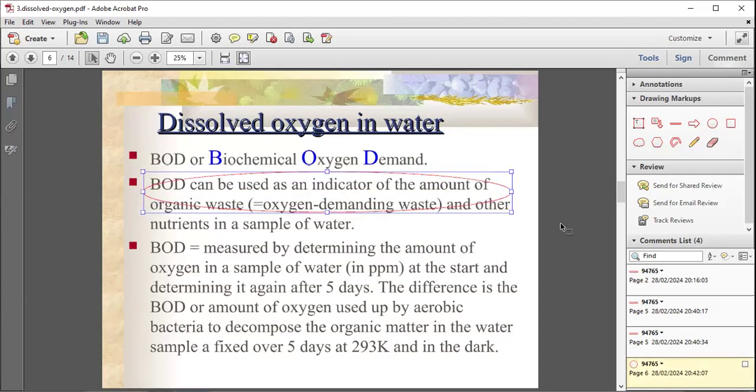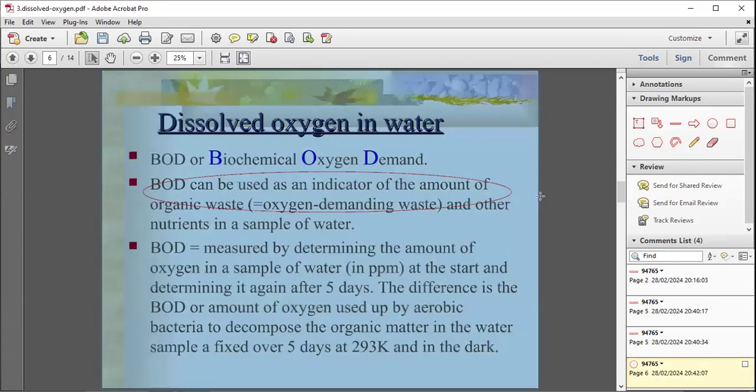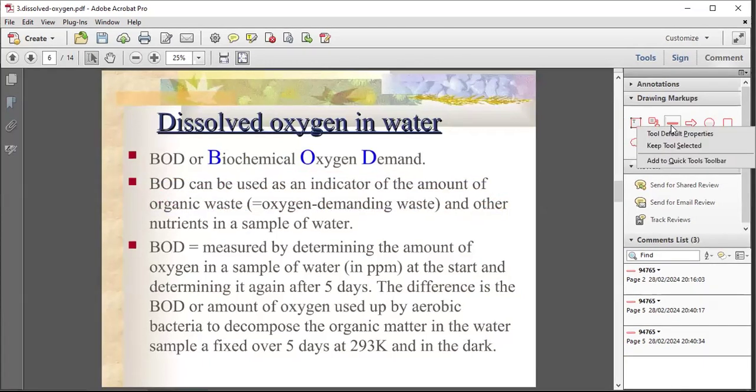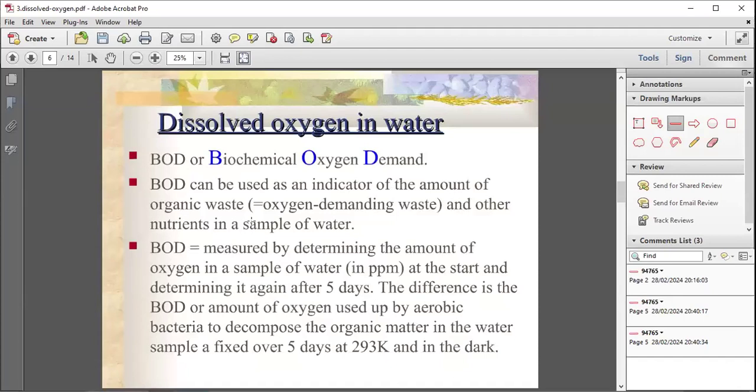The important thing, BOD, right? Amount of organic waste, right? So you know organic waste.